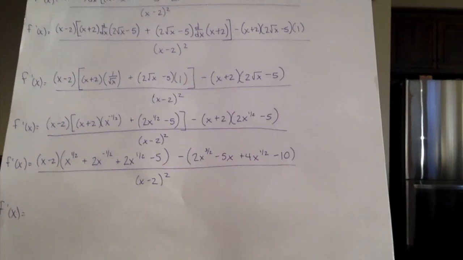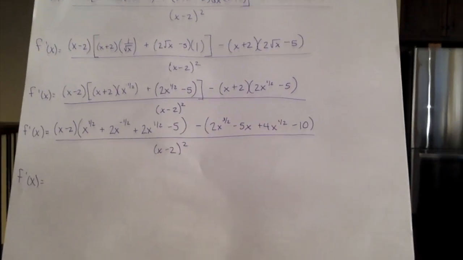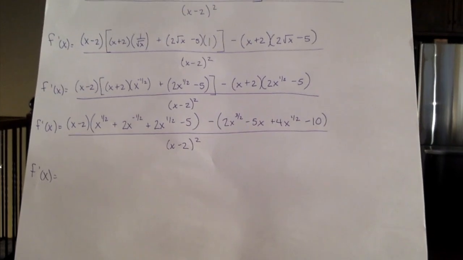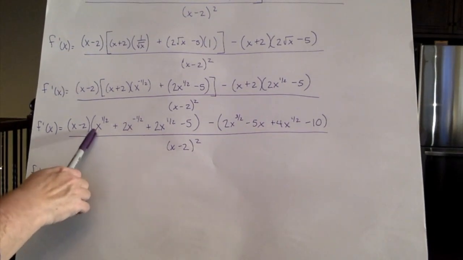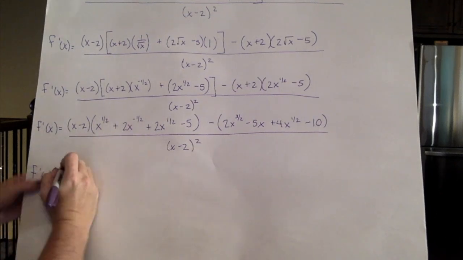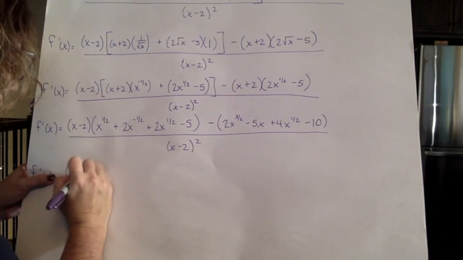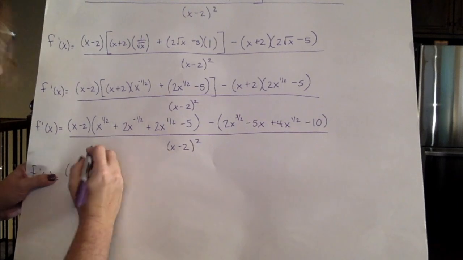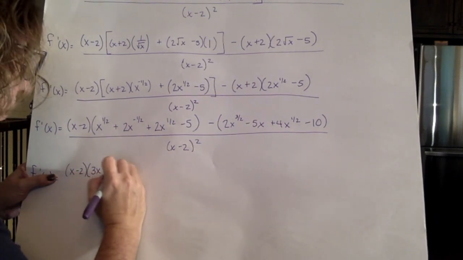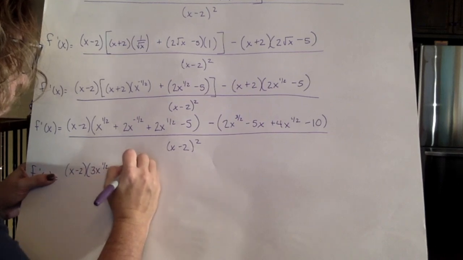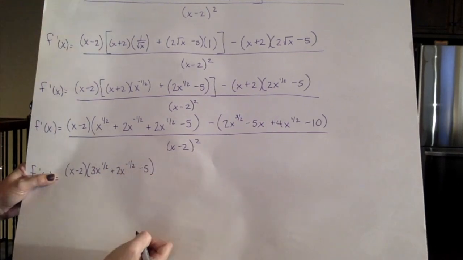All right, slide that down a bit. Okay, now we can combine a little bit of like terms in here. So I have x minus 2 times now 3x to the 1/2 plus 2x to the negative 1/2 minus 5.